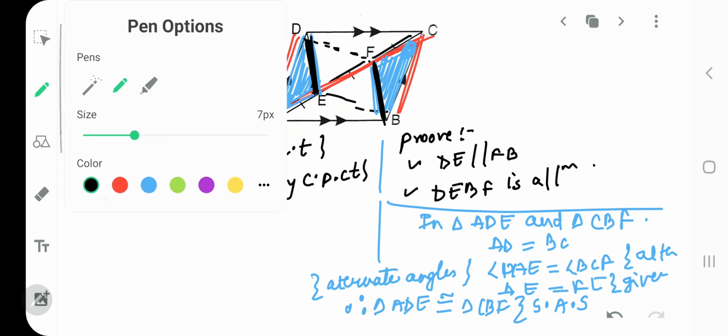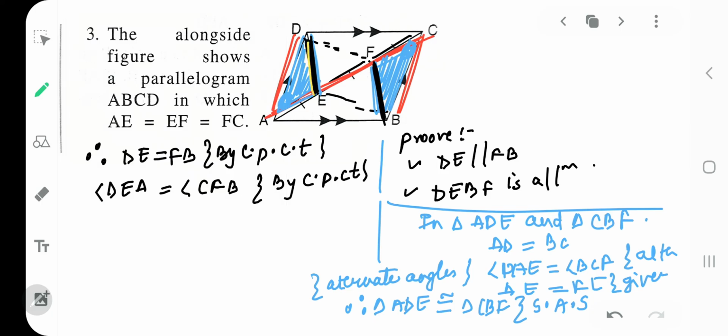Now my dear kids, try to understand this very important point: if I have taken this angle DEA equal to this by CPCT, will their linear pairs also be equal? So can I say angle DEF is equal to angle BFE, linear pair?